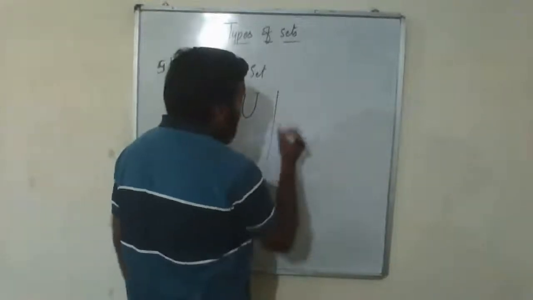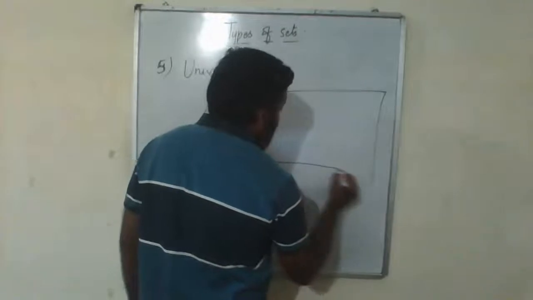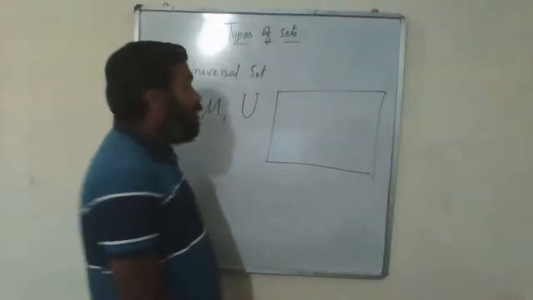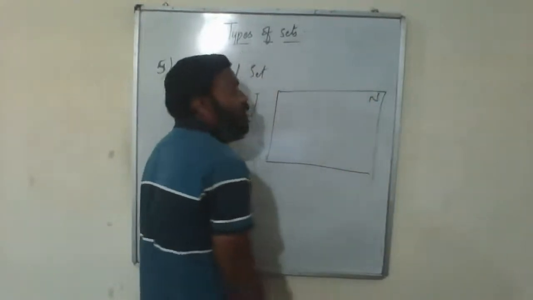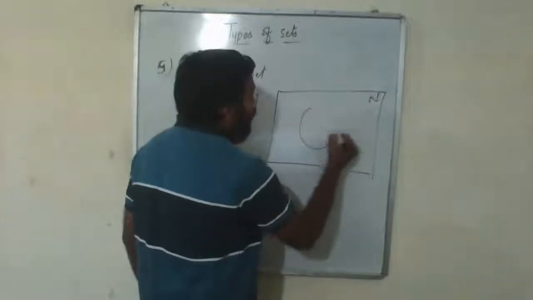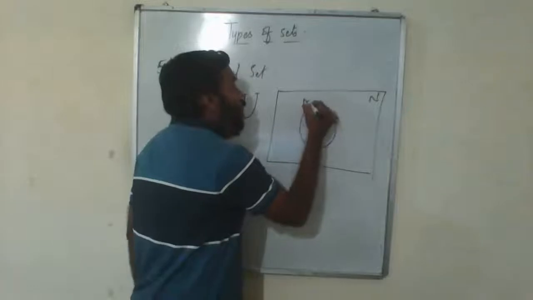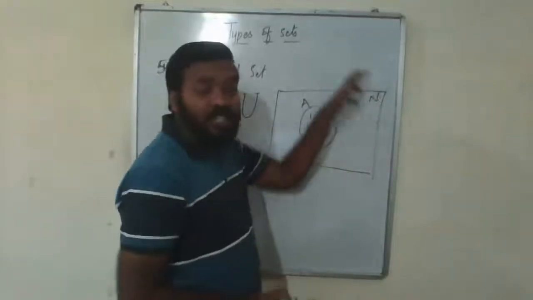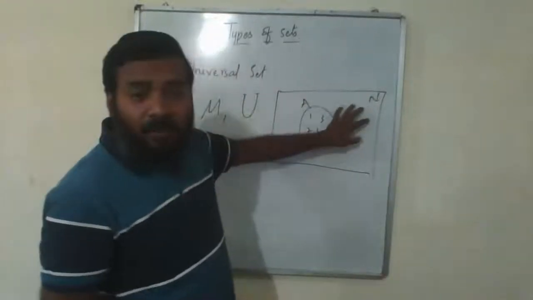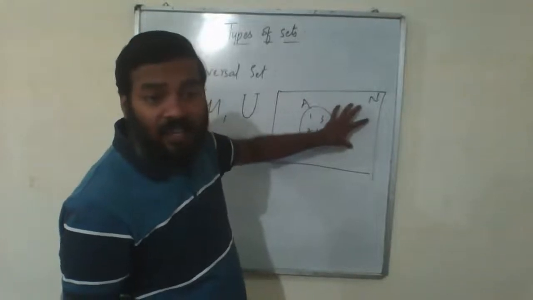Suppose you are considering the set of natural numbers till n. For this, the universal set means every natural number is counted in this set.